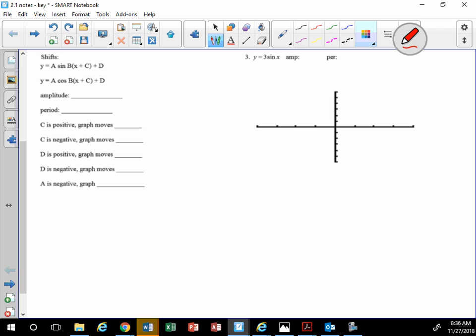All right, so amplitude, that is what you're stretching it by. So if we want to make our graph taller, if it gets shorter, anything like that. Where we find that in the equation, that is the absolute value of A. So if you've got a coefficient out in front of the sine or cosine, that is where you find your amplitude.